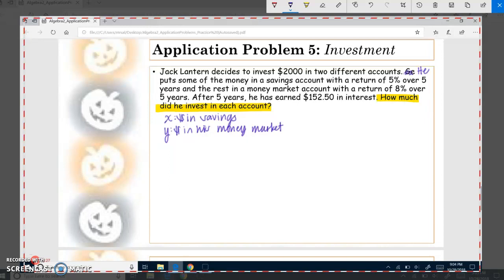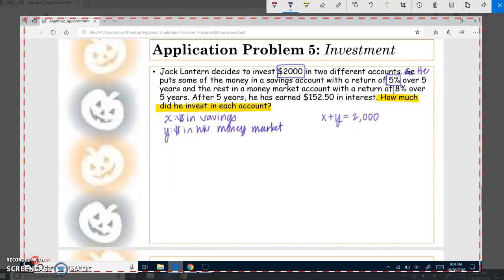So he's dividing up overall. He starts out with $2,000 and he's putting it into savings and into money market. So if we add up the amount between those 2 different accounts, that has to be equal to 2,000. So we'll say X plus Y equals 2,000. Then what we want to think about is the interest that Jack is earning. So it says his savings account earns 5%.